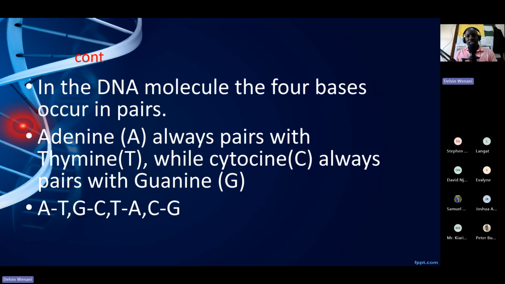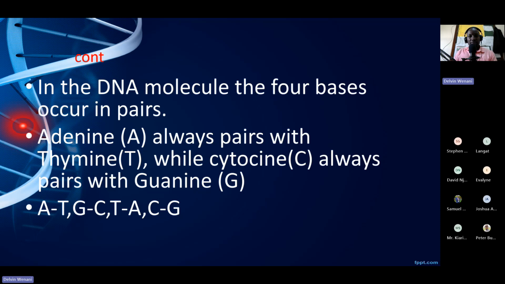So one should be on one side and the other one on the other side. Adenine will always pair with thymine, and cytosine will always pair with guanine. And therefore, as that continues, they form that twisted ladder downwards.